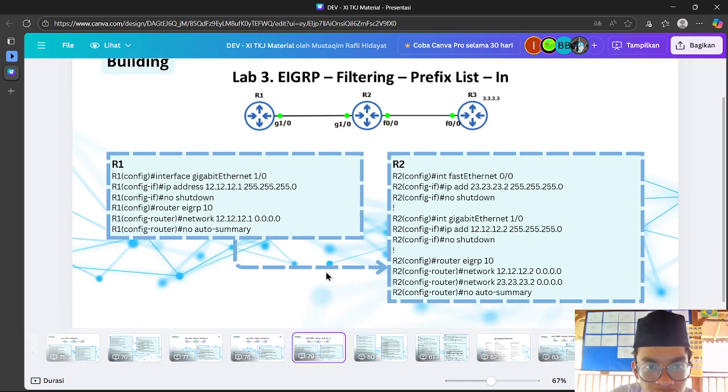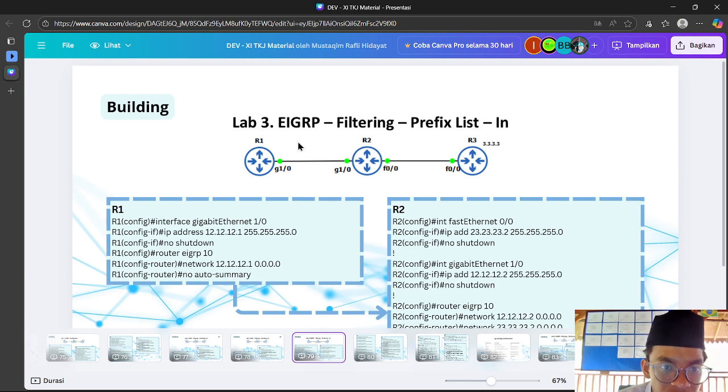Then the next configuration is lab 3. In lab 3 we talk about filtering with prefix list. First was distribute list and now is prefix list. In interface GigabitEthernet 1/0 in router 1, then we write the IP address 12.12.12.1. Sorry, lab 3 has a different topology from lab 1 and lab 2, so we make adjacency first, router 1, router 2, and router 3.